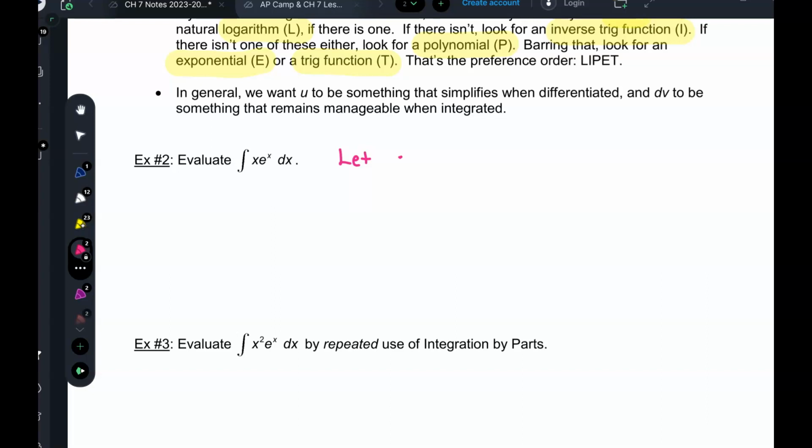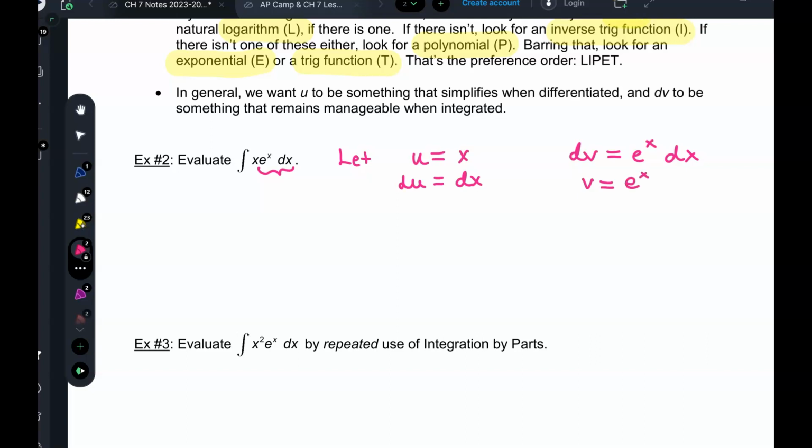Okay, so again, we want to figure out what u is equal to and what we're going to make dv. So we're going to make u equal to x, and everything that we're left over with, dv, will be our e to the x dx. Good. So we work forward, derivative here, and work backward here, antiderivative. So that means du is going to be 1 dx, and what's v equal to? e to the x.